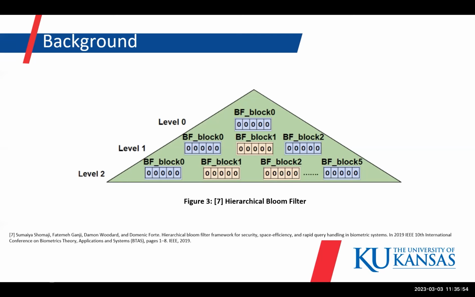We set a threshold: if this percentage of the string matches the Bloom filter blocks, we consider it a hit. So this is how the noise is tolerated. Thank you.